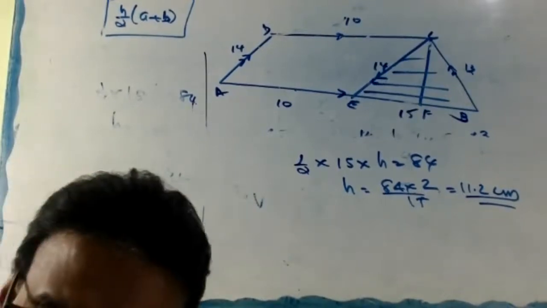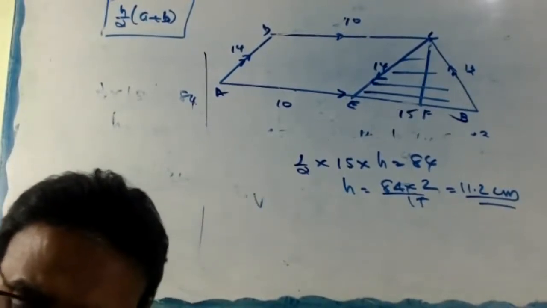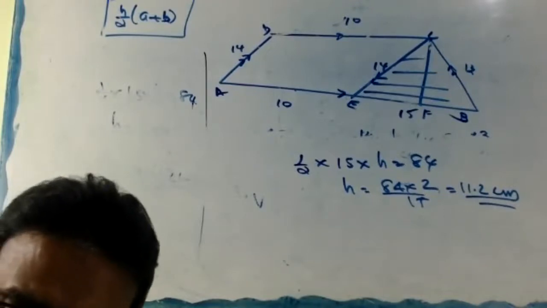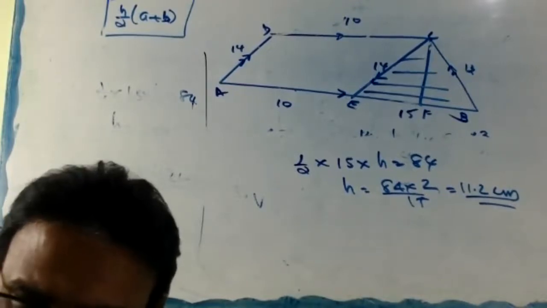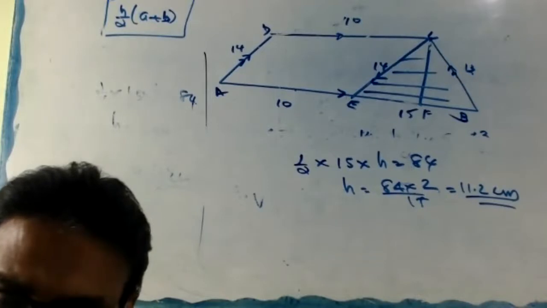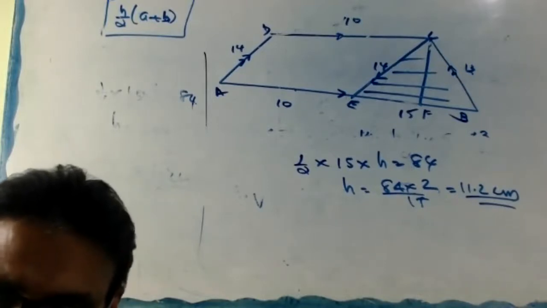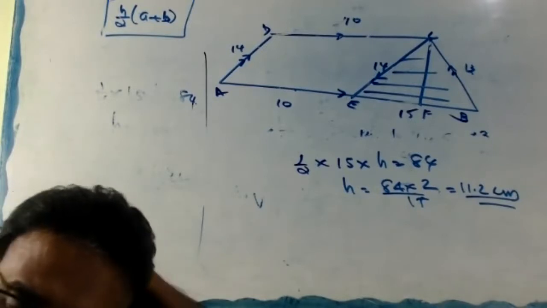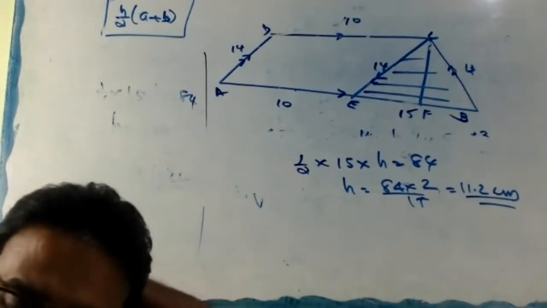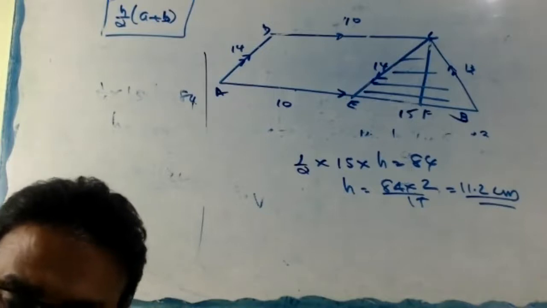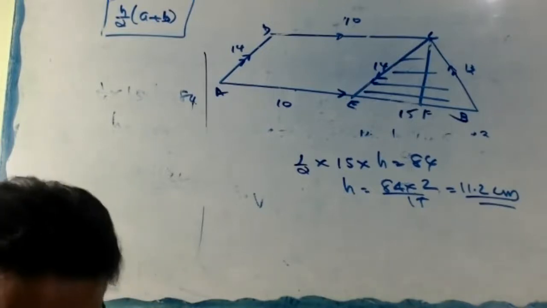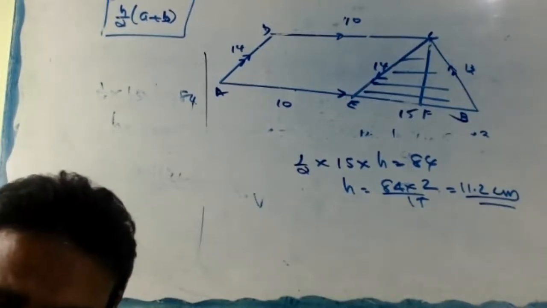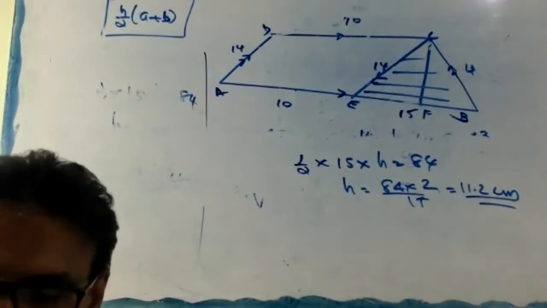Your class 4, class 5 didn't learn this one? Area of a triangle is half into base into height. You didn't hear about it? We can find the area of a triangle using different formulas.